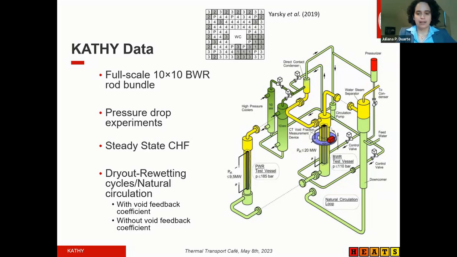The data was collected at this facility because it has the capability of performing boiling water reactor conditions like pressure, mass flow, and temperature, and has a full-scale 10 by 10 boiling water reactor rod bundle, but also has the facility to conduct natural circulation experiments, and a kind of neutronic simulator that they call CINA that provides the power of the electric heater rods a kind of feedback, so you change the power during the experiments to simulate the void fraction feedback.